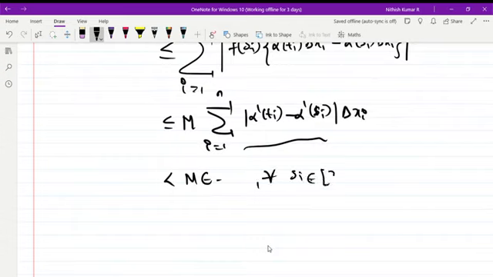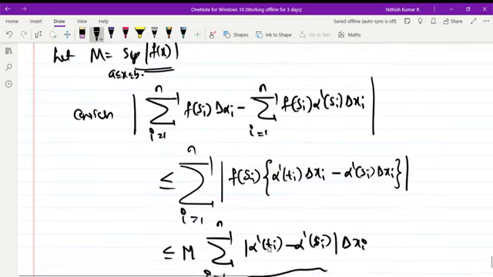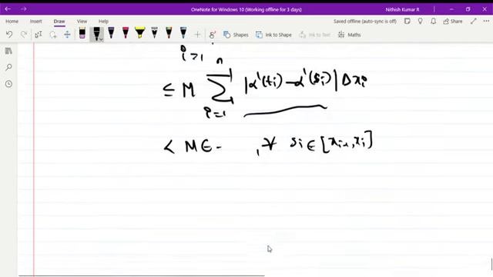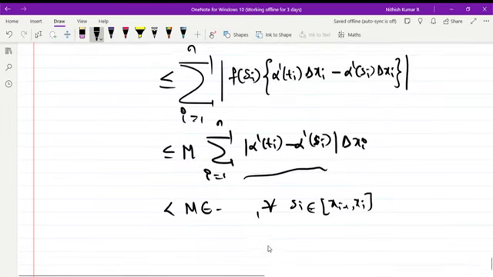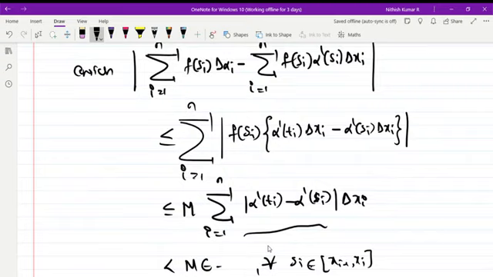This is true for all si belongs to [xi minus 1, xi]. Now using this, we have the modulus of this one minus this one is less than M into epsilon.